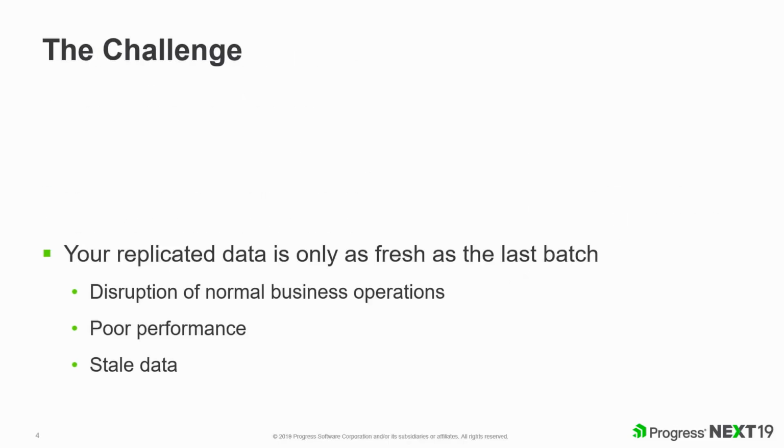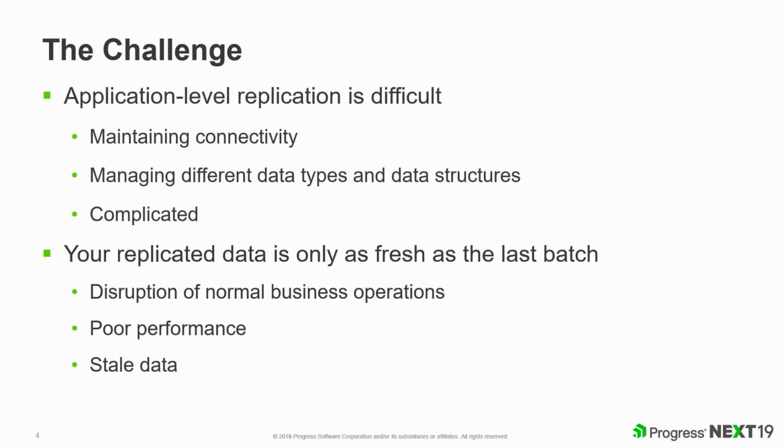So the challenge: application level replication is difficult, right? It's difficult to write something on your own. The difficulties are maintaining connectivity, managing the different data types and data structures, and it's complicated. I mean, you could write your own, but you don't really want to.